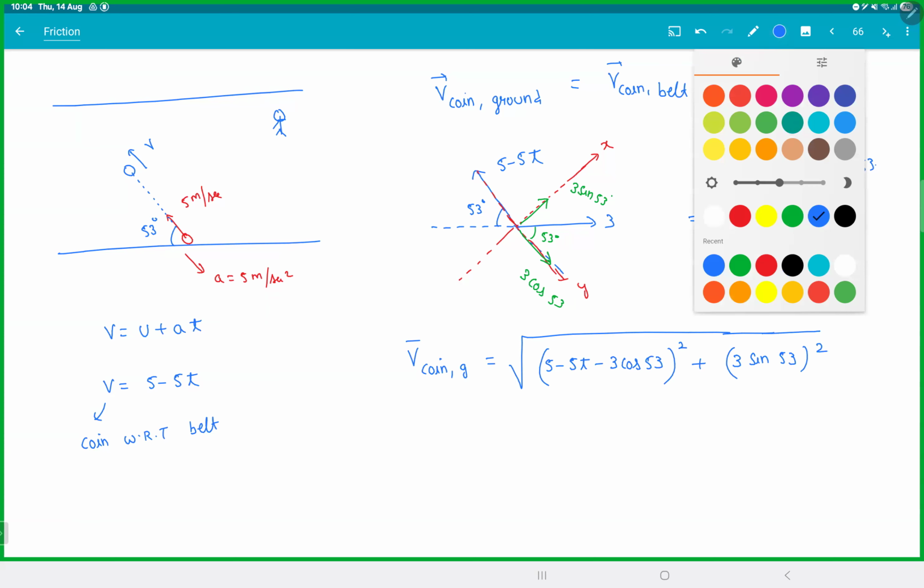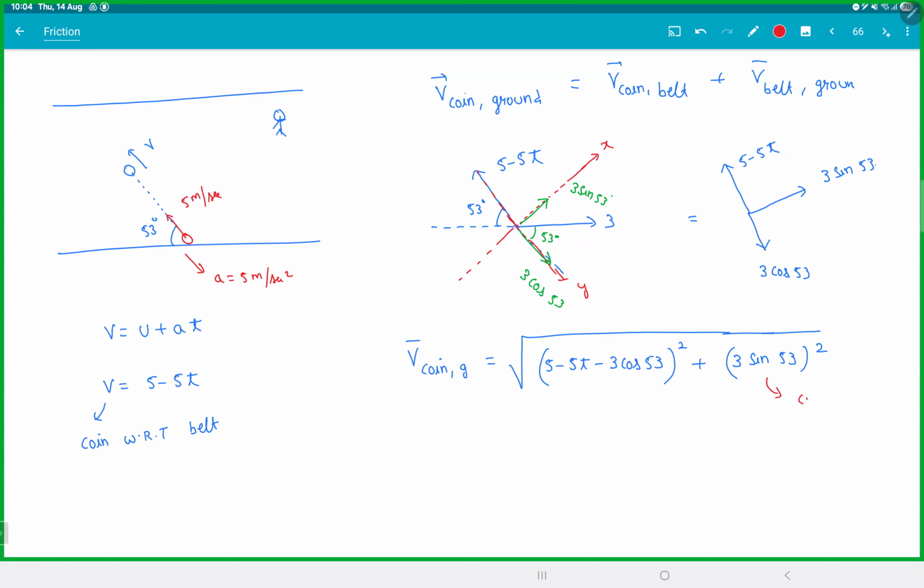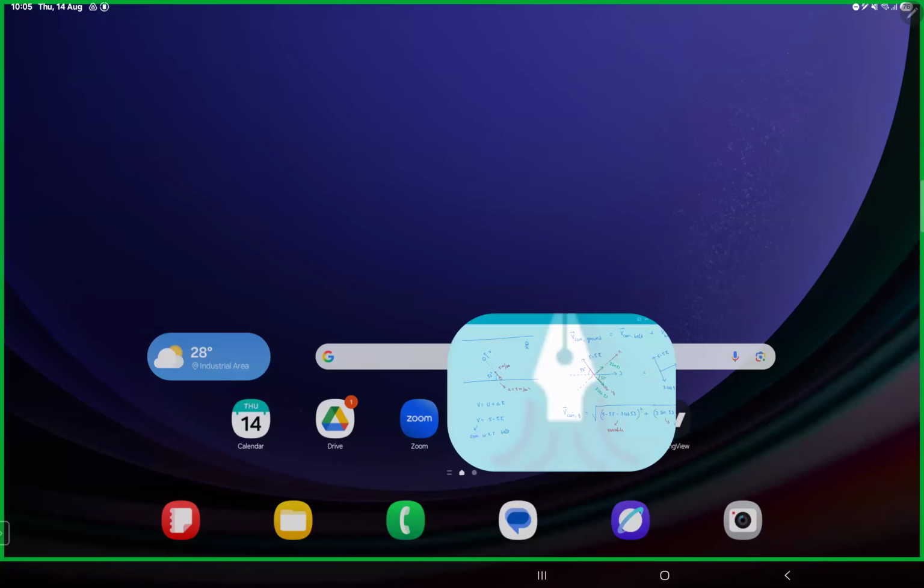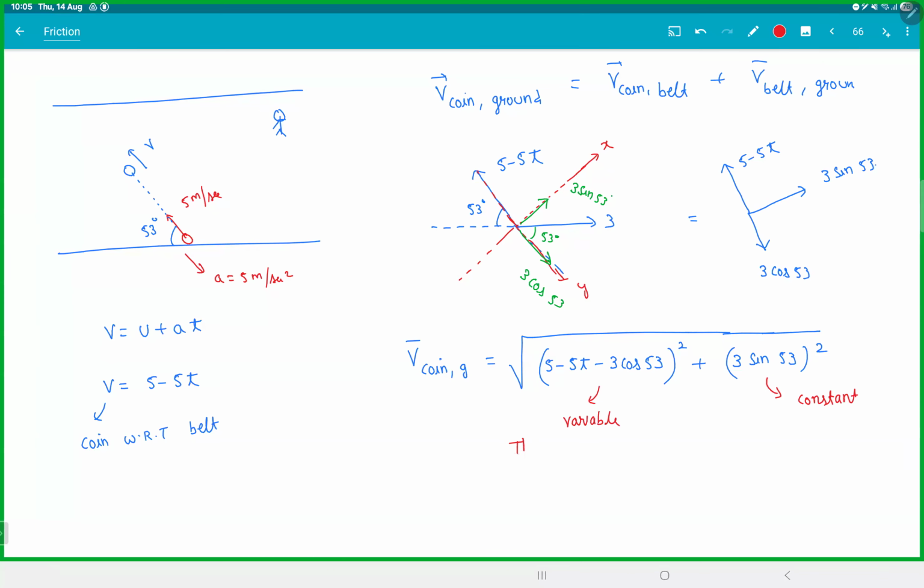Now observe something clearly here. This value is always constant. This does not change with time. This is variable. So if you want the minimum speed, this has to be 0. Meaning you can adjust the value of time so that that term becomes 0. This has to be 0 for minimum speed.